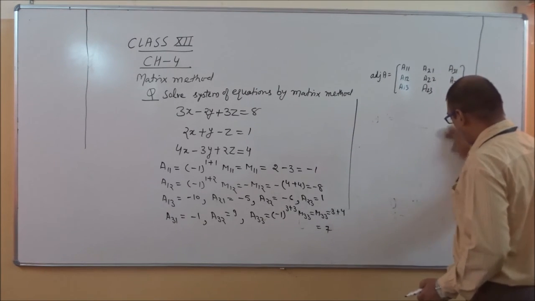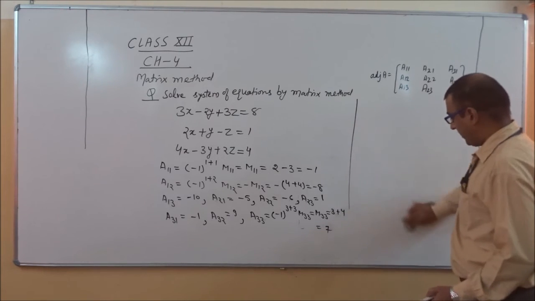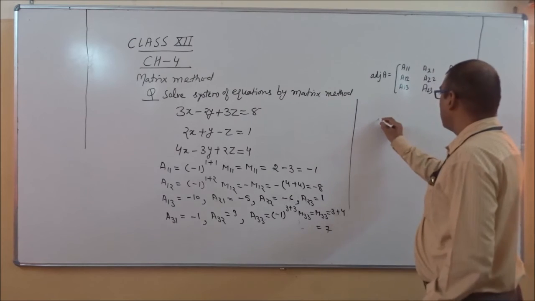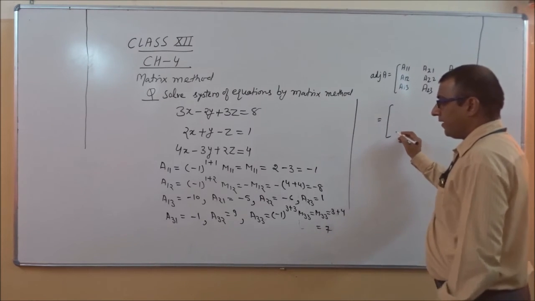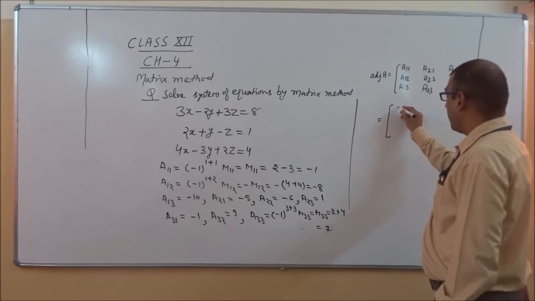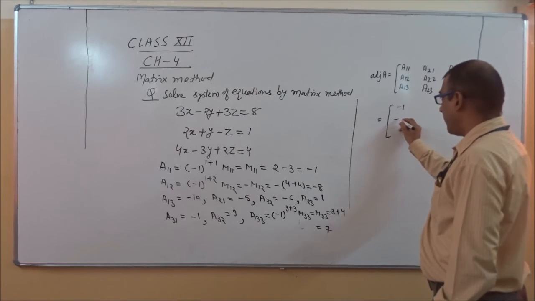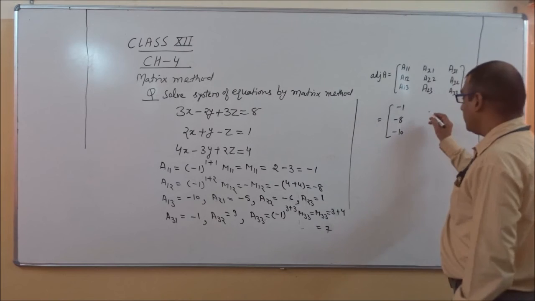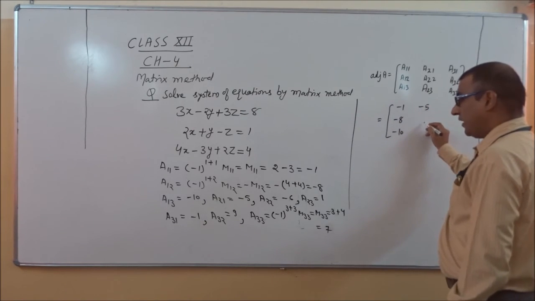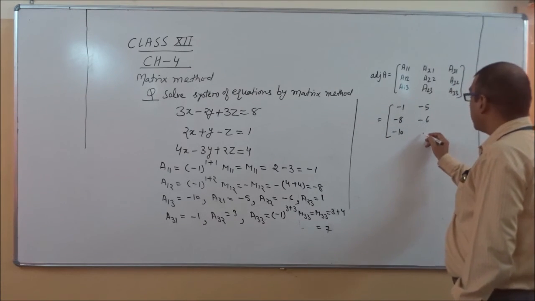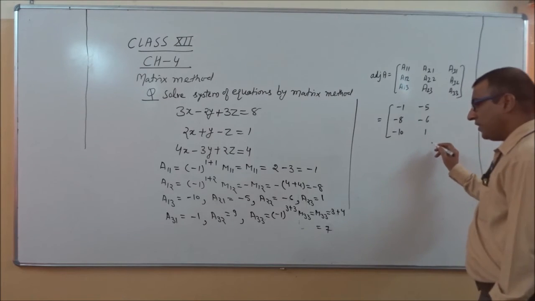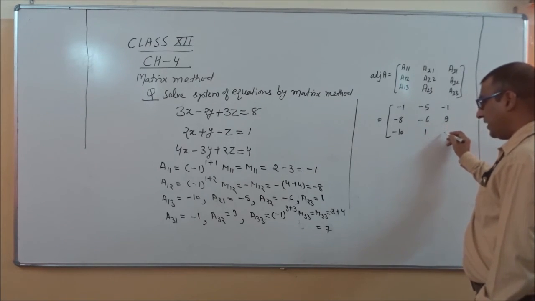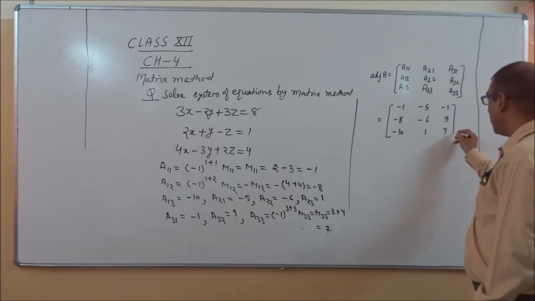So when we put all the values, we can say adjoint A is equal to: A11 is minus 1, A12 is minus 8, A13 is minus 10, then A21 is minus 5, A22 is minus 6, A23 is 1, A31 is minus 1, A32 is 9 and A33 is 7.